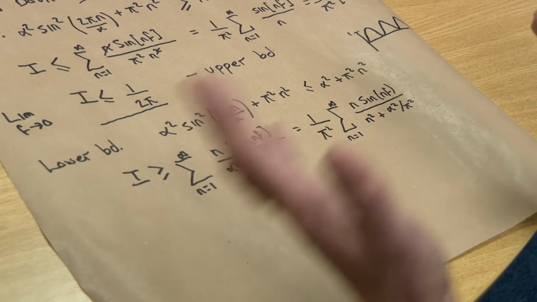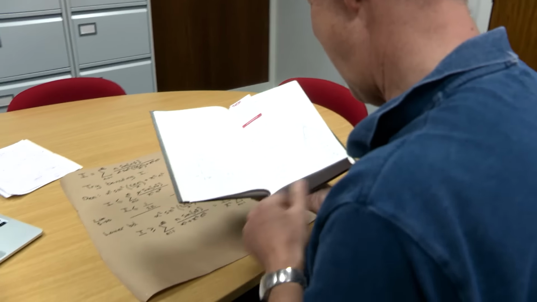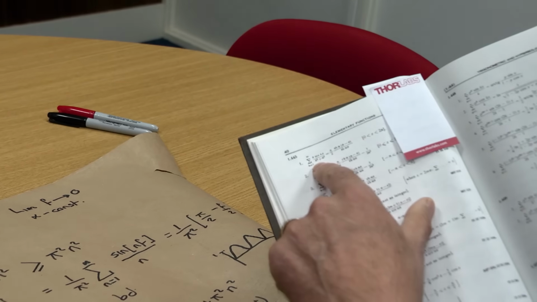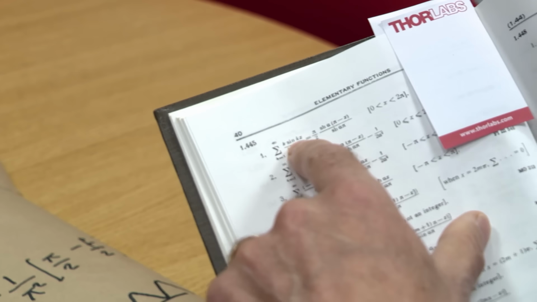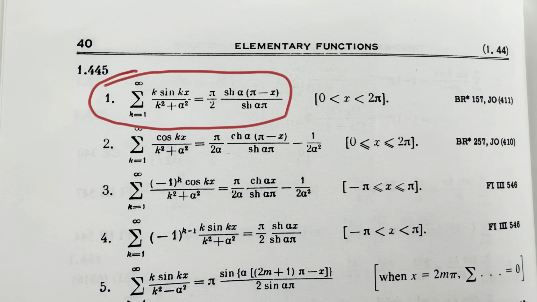So you're going, okay, it's looking better than the original, but it's still... But I go back to my favourite book. Your Christmas present. Christmas present book, and I see that on the next page I have this formula. The sum of k sine kx, sum of n sine nf, over k squared plus a squared over n squared plus this thing.